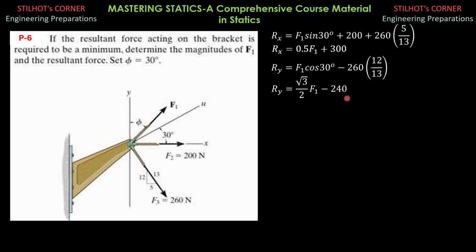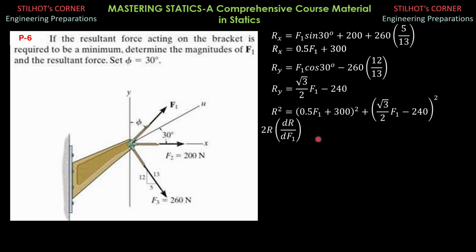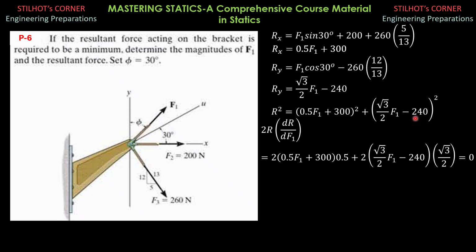So we then substitute into Pythagoras theorem. R squared equals quantity 0.5 F1 plus 300 squared plus quantity square root of 3 over 2 F1 minus 240 squared. Differentiating R squared with respect to F1 then equating to 0: 2R dR/dF1 equals 2 times quantity 0.5 F1 plus 300 to the 1, derivative inside is 0.5, plus 2 times quantity square root of 3 over 2 F1 minus 240, derivative inside is square root of 3 over 2.